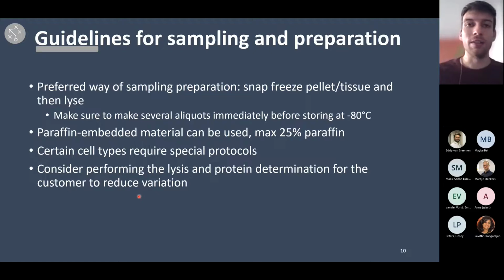For instance, if you let your customers do the protein determination themselves, there might be an issue if they do it slightly differently than other people, and that gives you quite big variation. Our assay is quite sensitive to differences in protein content. Therefore, we always like to stress that you try to perform these steps in a standardized way, so that at least that part of the variation will be excluded.